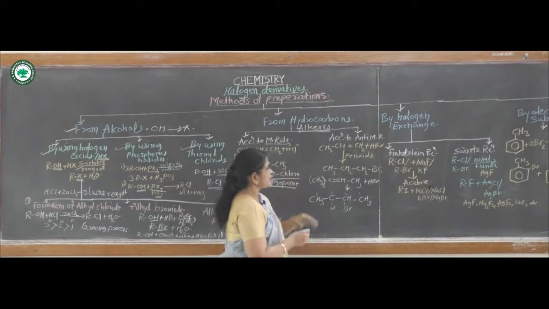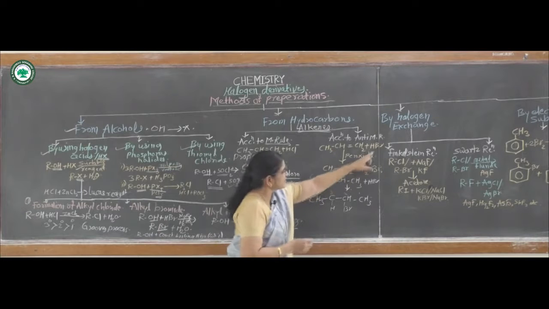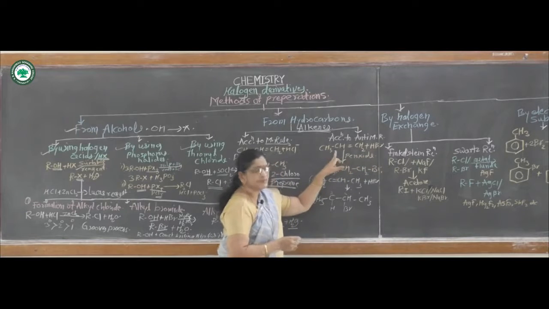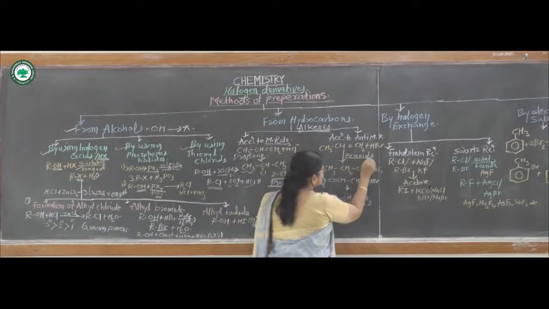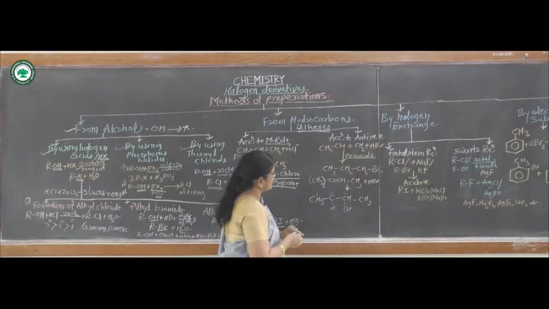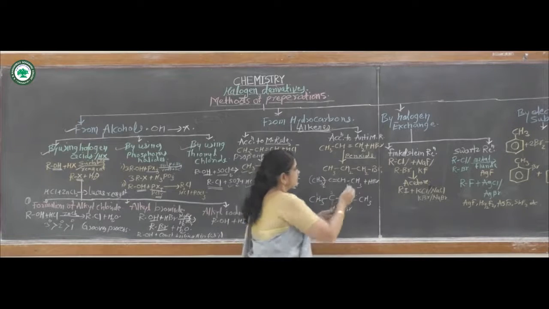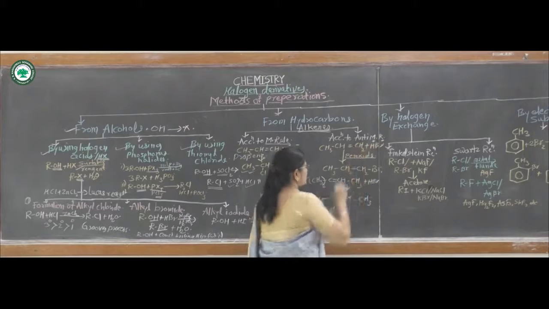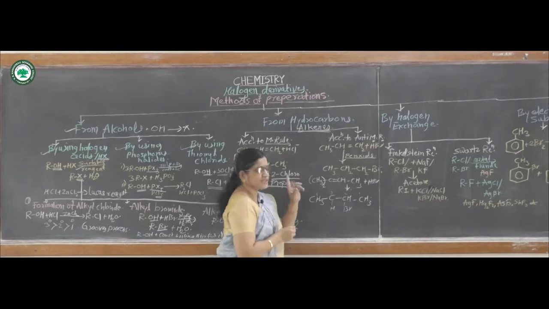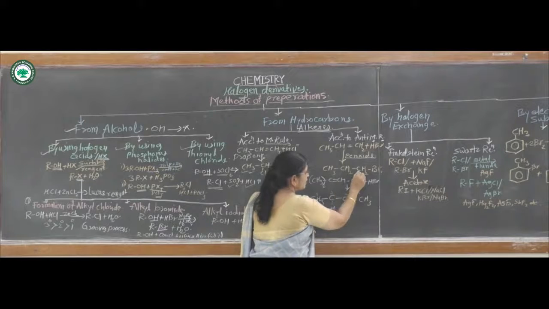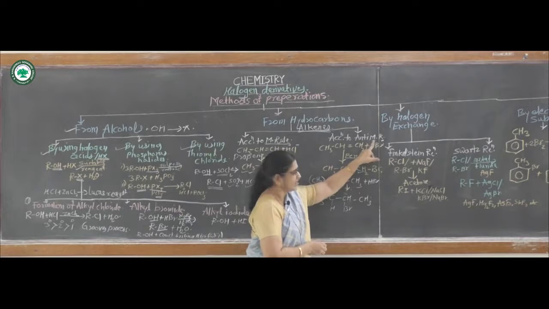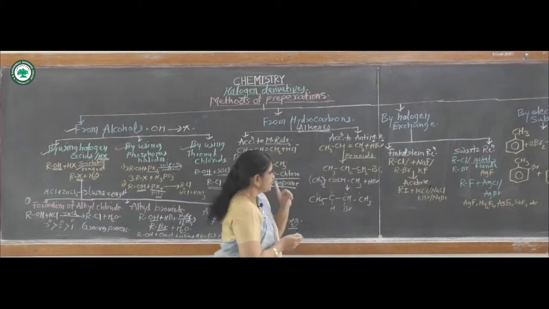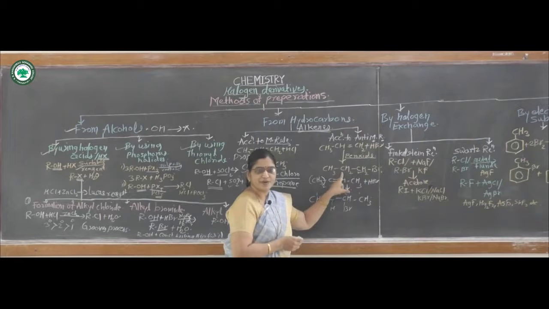That means if an unsymmetrical reagent is added to an unsymmetrical alkene in the presence of peroxide, then in such type of addition the negative part, that is bromine minus, gets attached to that carbon atom which carries more hydrogen atoms, and the positive part, hydrogen, gets attached to that carbon atom which carries fewer hydrogen atoms, according to anti-Markovnikov's rule.